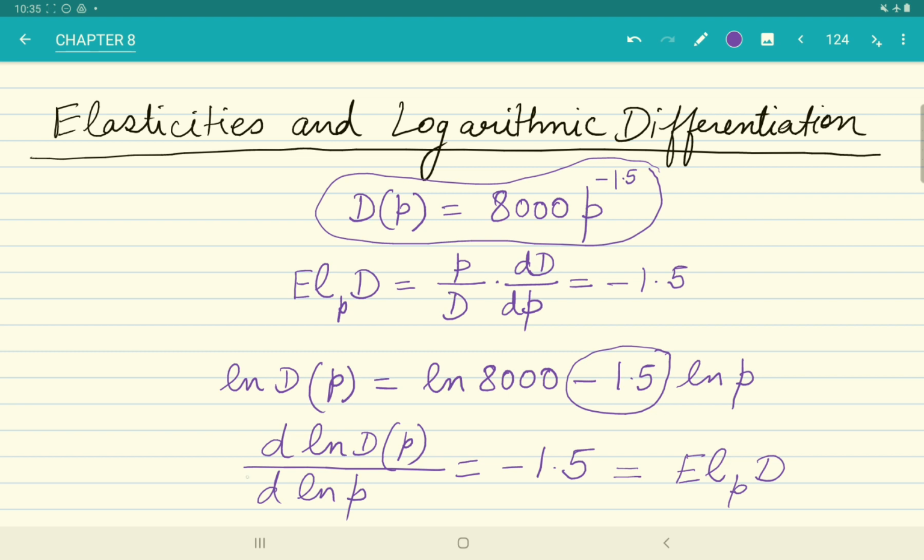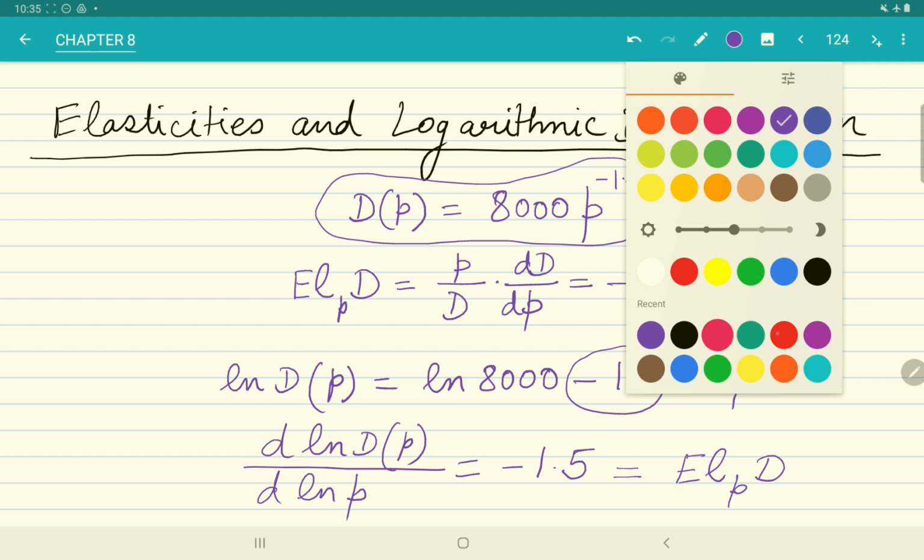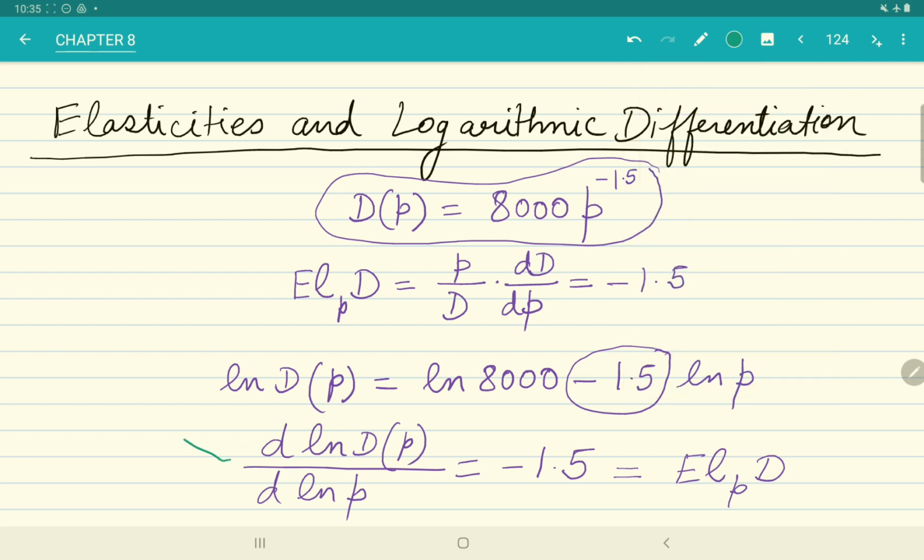So this is called the logarithmic derivative. And just to emphasize that we are differentiating ln D with respect to ln p, we say that it is the double logarithmic derivative. And this is nothing but the elasticity of demand with respect to price.